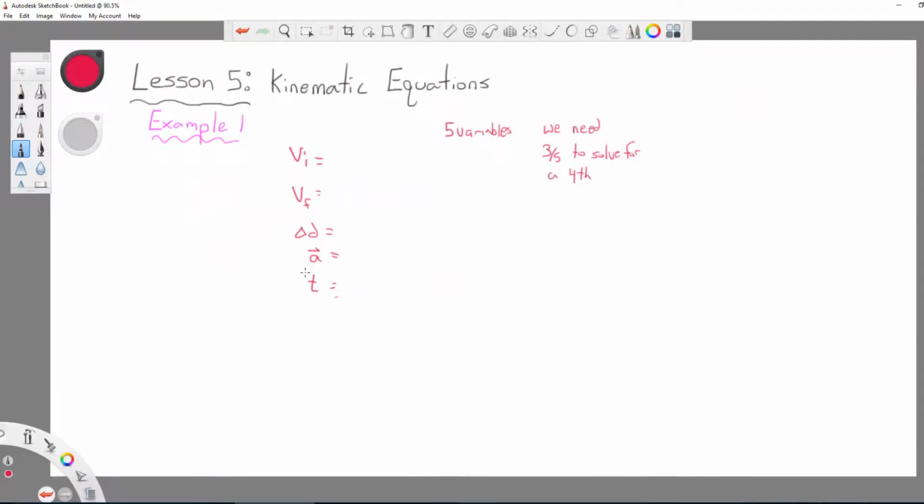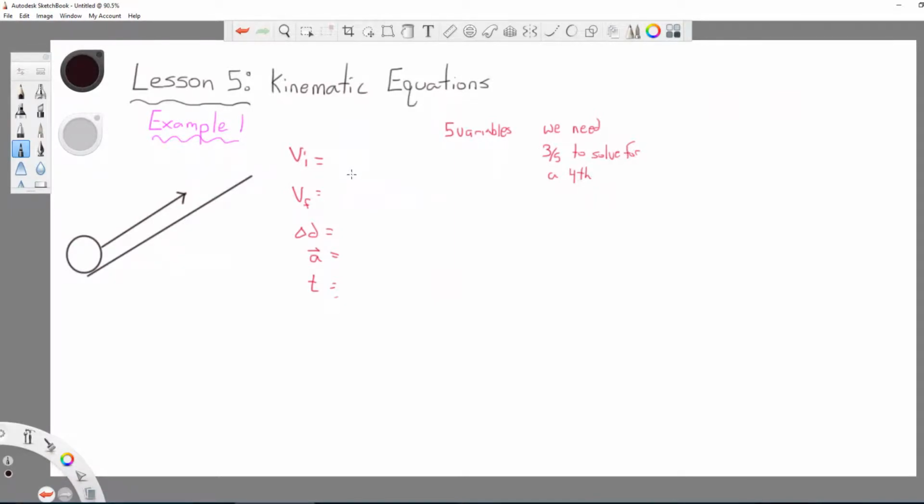All right, so the problem states we're rolling a ball up an incline. So I'm going to quickly sketch a little incline for us. It's going to look something like that. And I'll toss a little ball-like object at the bottom of it and sketch a little line saying that this is going up the incline. Okay, what else do we know?